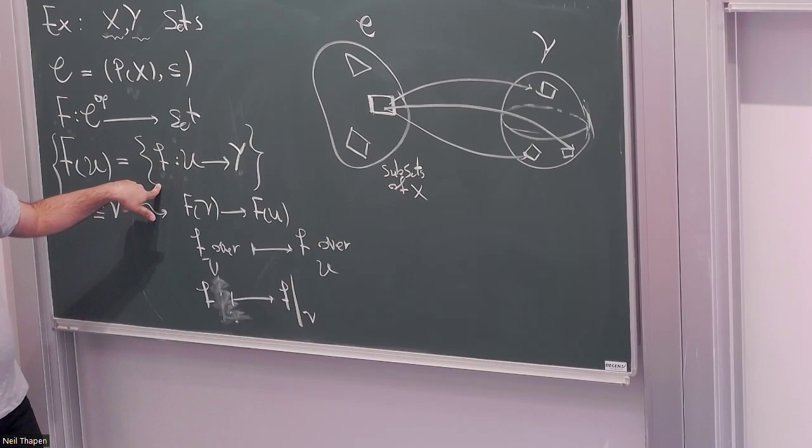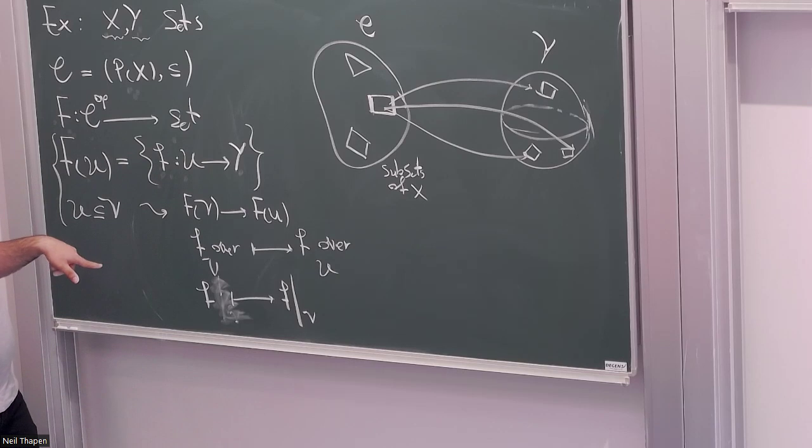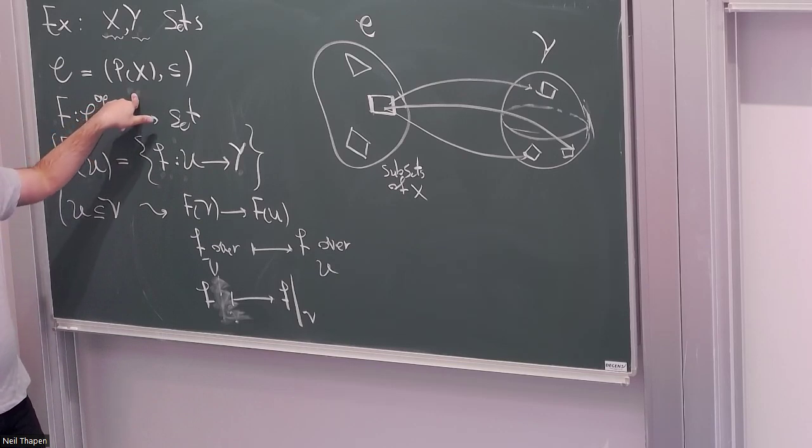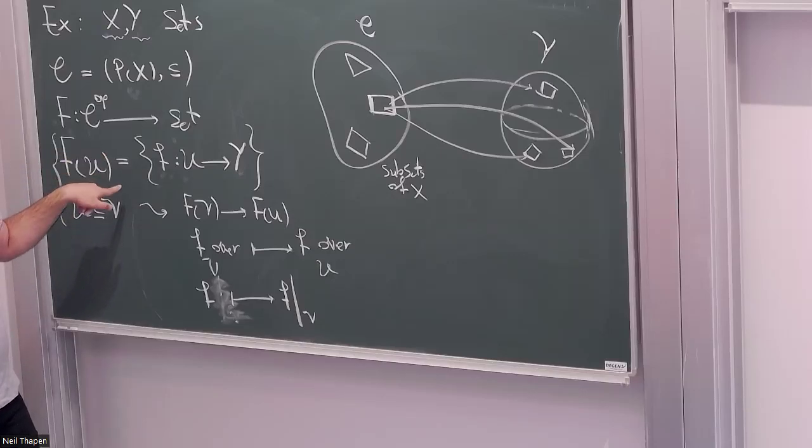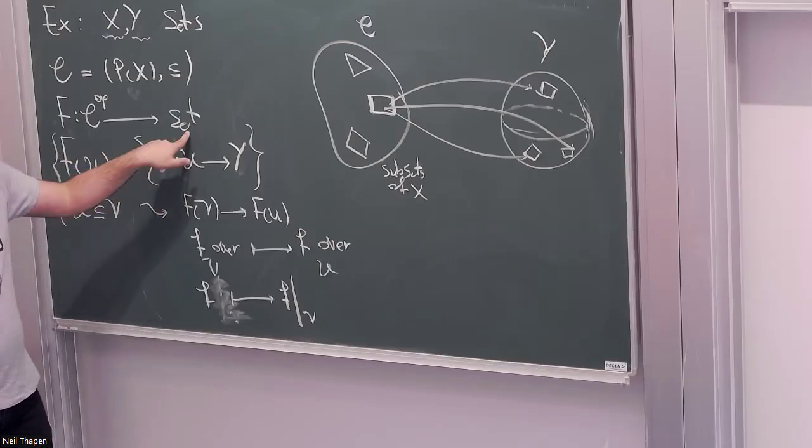Can you read out the last three lines? What's a functor? I have to define it over objects and over morphisms, right? So an object in C opposite is a subset, so U is a subset of X. And then I have to define what F of U is, and it should be a set because I'm going there.